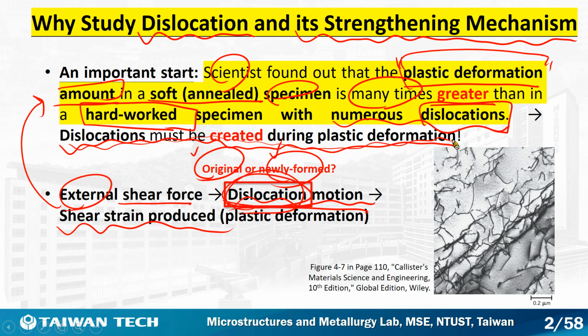However, if we have the original dislocations only for the shear strengths, it will not be able to produce such a large strength value. So we can conclude that there must be newly formed dislocations during the plastic deformations. And you can see here, this picture is the TEM image showing a lot of dislocations.